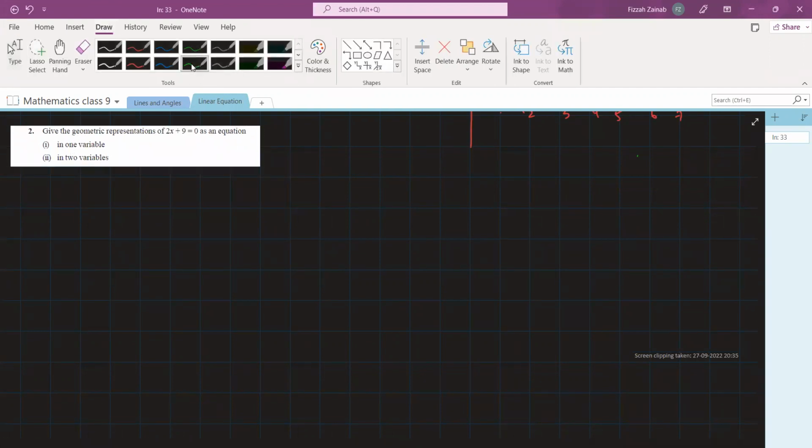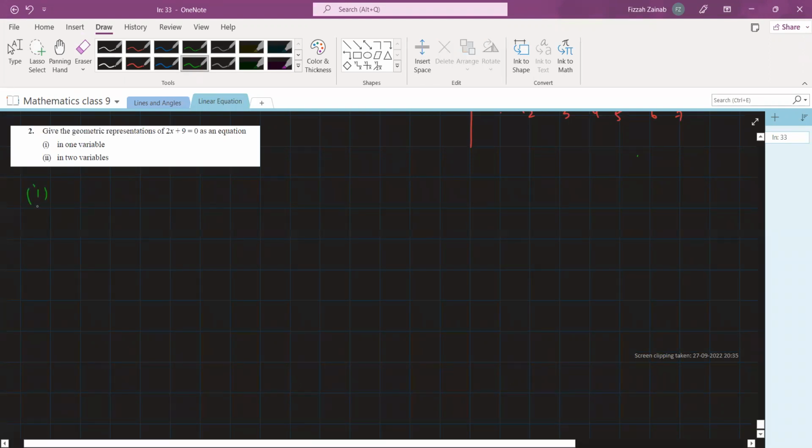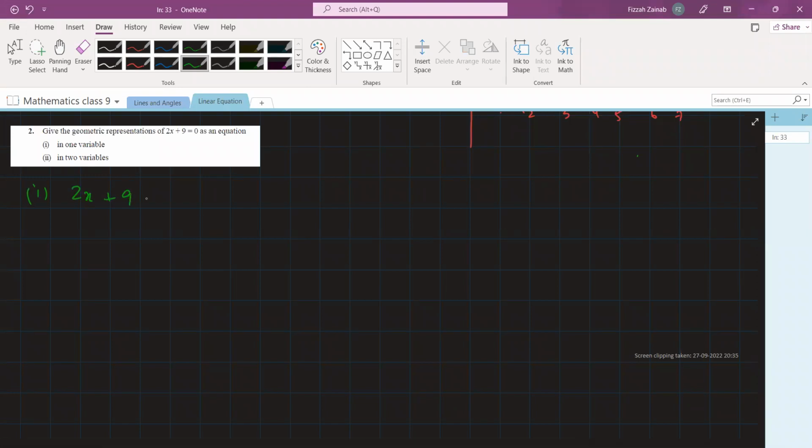Give the geometric representation of 2x plus 9 is equal to 0 as an equation in one variable and two variables, right? First, I consider it as an equation in one variable. It is given 2x plus 9 is equal to 0. I don't need the second variable, because I'm considering it in one variable only. So 2x is equal to minus 9 and x is equal to minus 9 divided by 2, which is x is equal to minus 4.5.